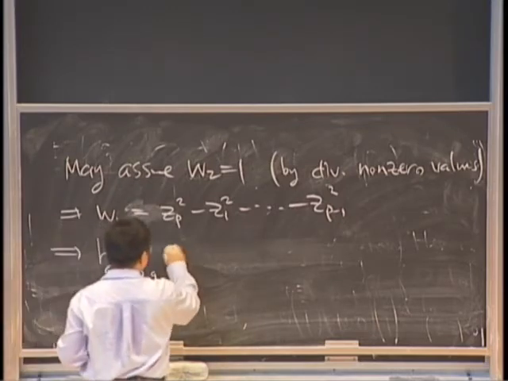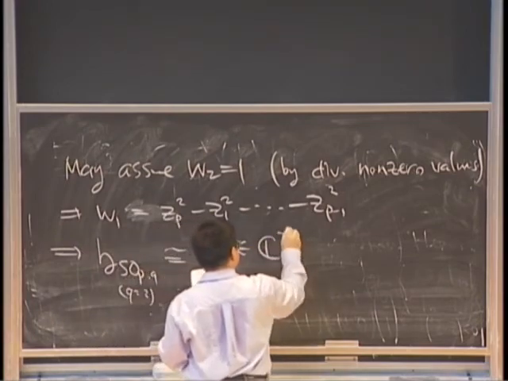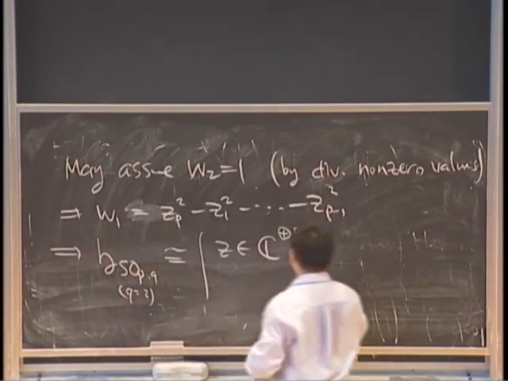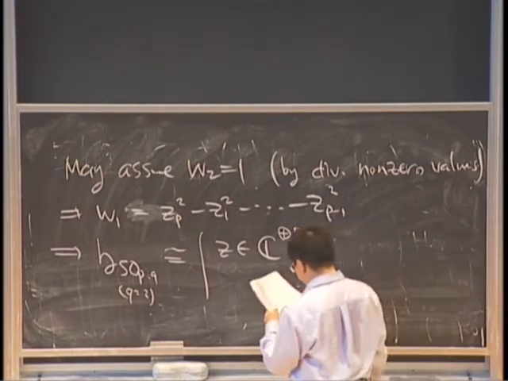Then the condition becomes, well, in the end, you see that Q is actually equal to 2 now. This is isomorphic to the following domain, which is you can consider all the P entries with coordinates Z1 up to Zp. And the condition is actually simple-minded.